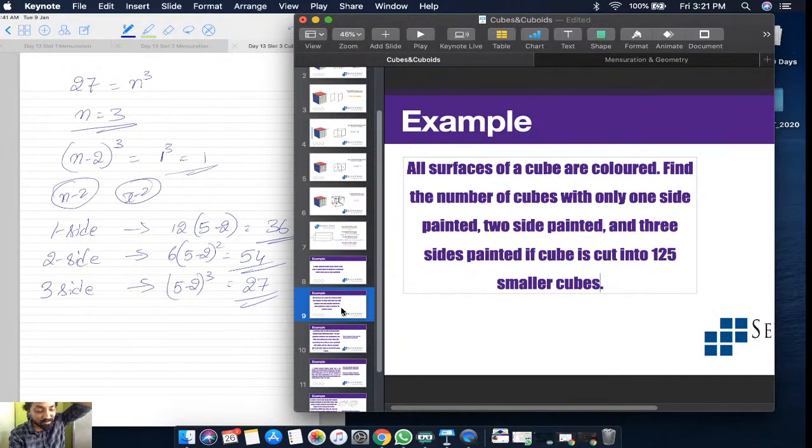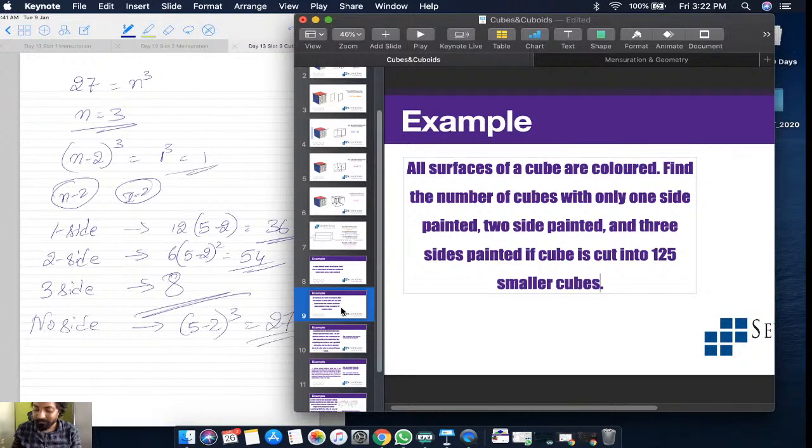Three side painted is 8. Sorry, this will be on the edges, right? Three side painted will be 8. No side painted will be 5 minus 2 whole cube, that is 3 cube, 3 cube is 27.